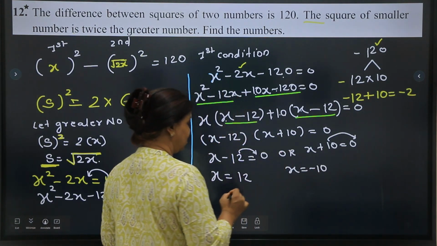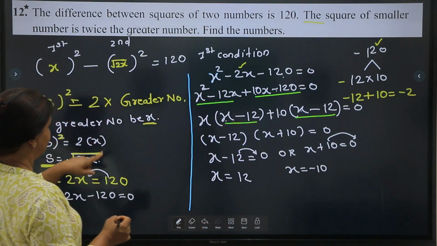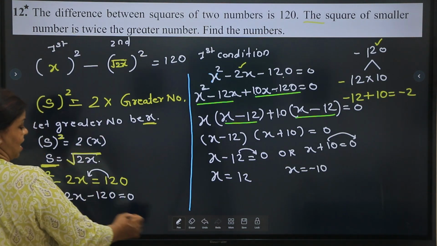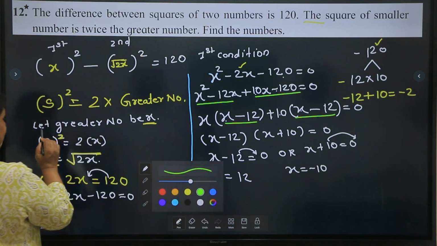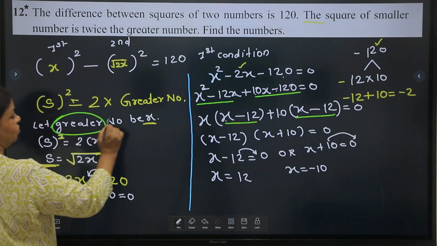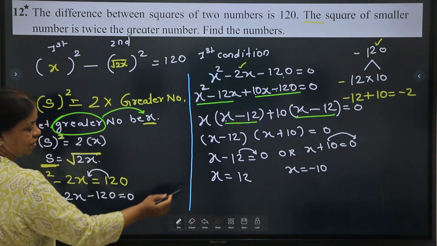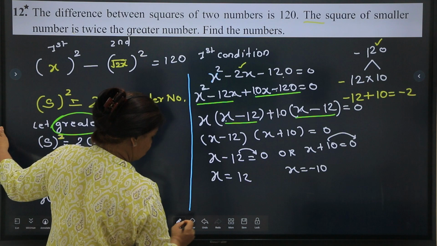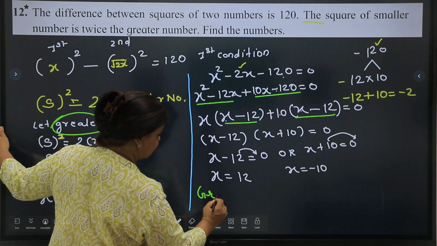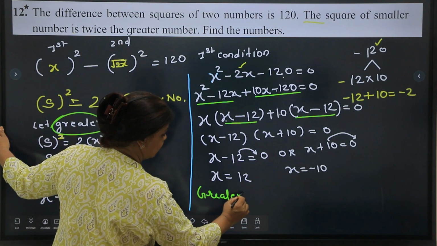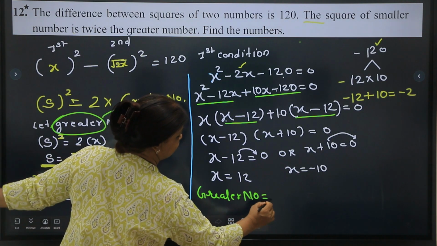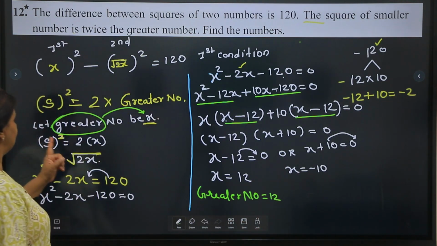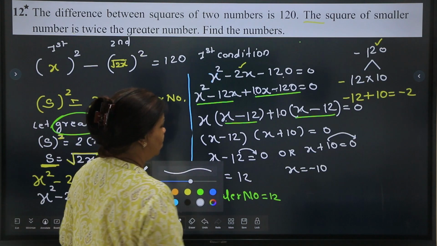Now which number did I assume? Greater number I assumed as x. This is my greater number which I assumed as x. So I got greater as 12. So my greater number is 12. So what will be my smaller number? Apply in this condition.